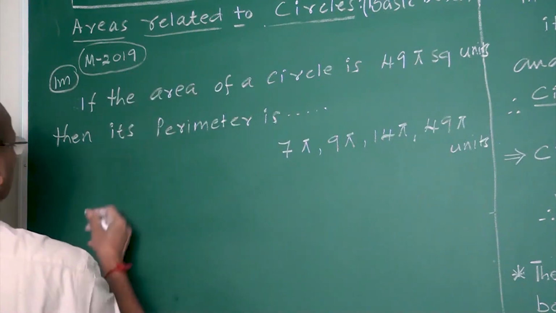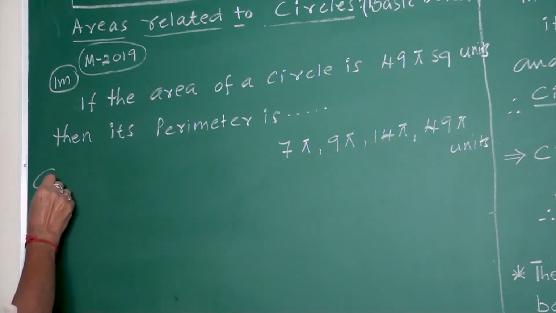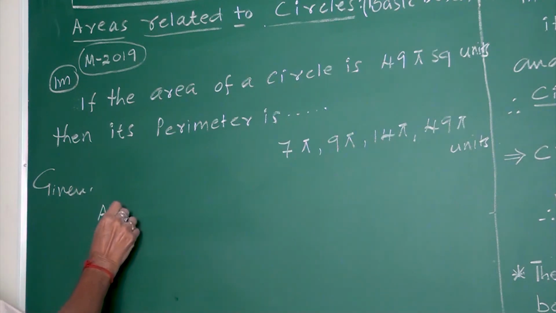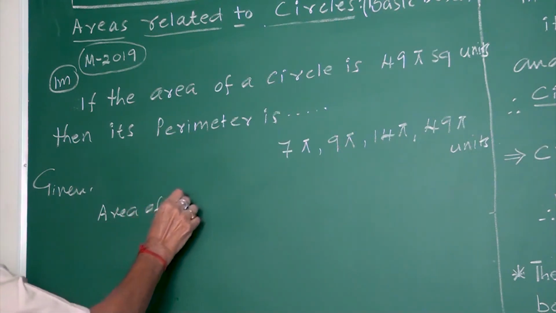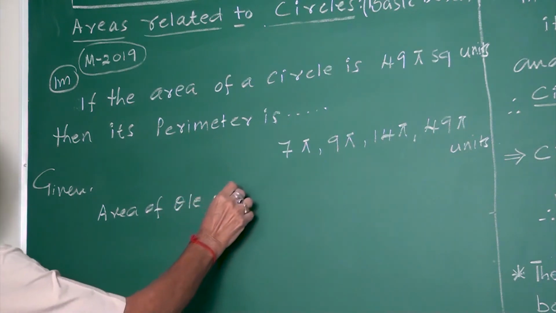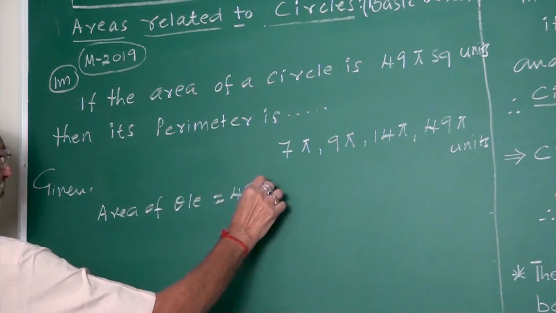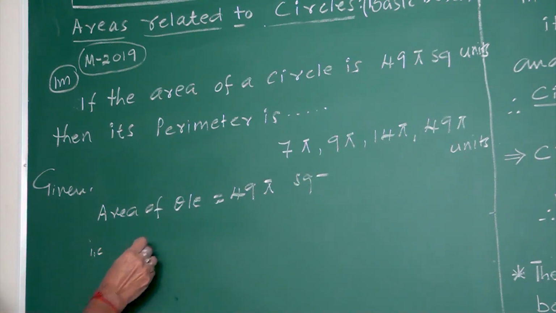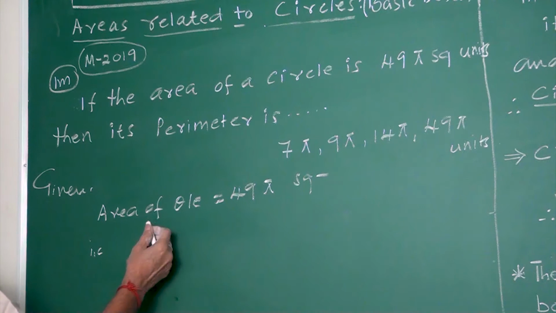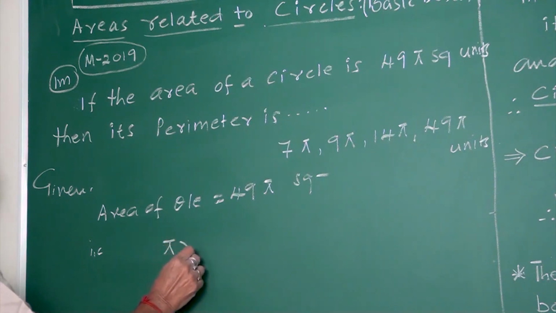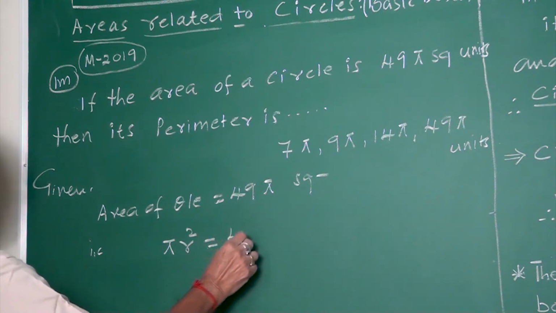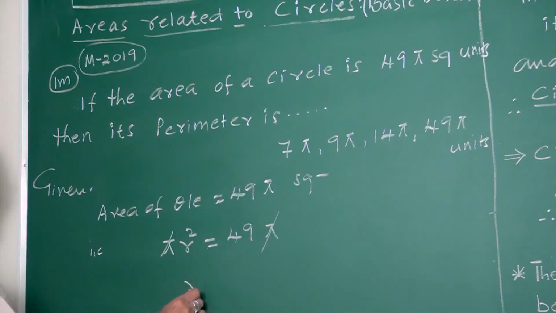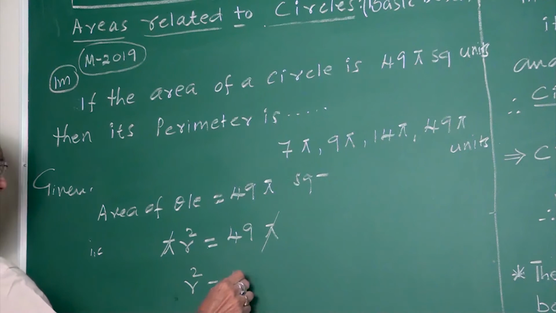Yes, my friend. What is given? Given the area of a circle is 49 pi square units. That is, area is pi r square equals 49 pi. Pi cancels. r square is 49.